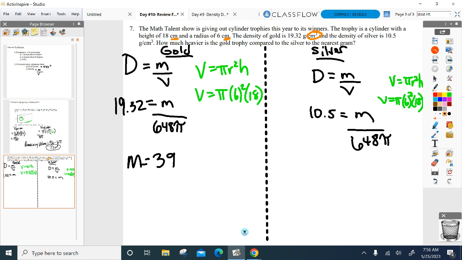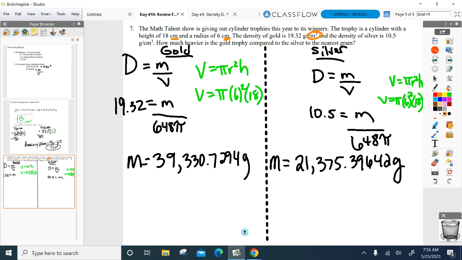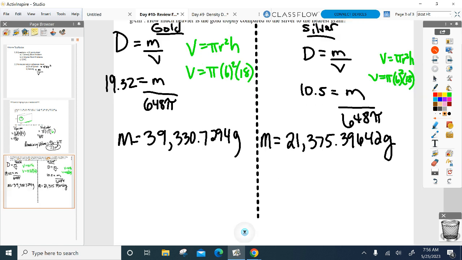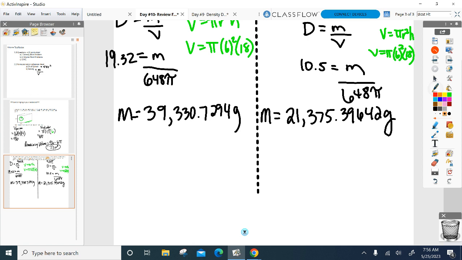A lot of grams, huh? And then the difference in them, how much heavier is the gold trophy than the silver trophy?